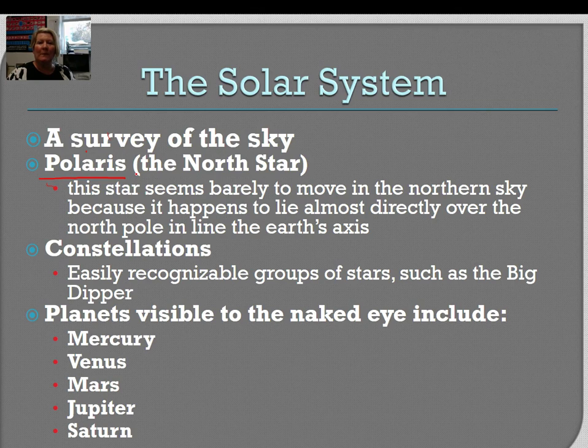And in the northern hemisphere, before compasses were available, people traveled by using the North Star because it appeared never to move in the sky. Constellations are the easily recognizable groups of stars like the Big and Little Dipper. And the planets that are visible at various times during the year to the naked eye are Mercury, Venus, Mars, Jupiter, and Saturn.